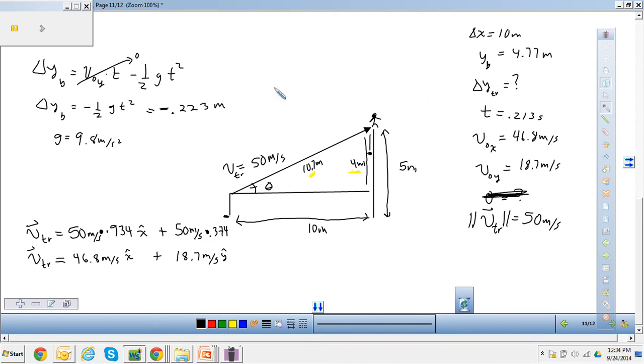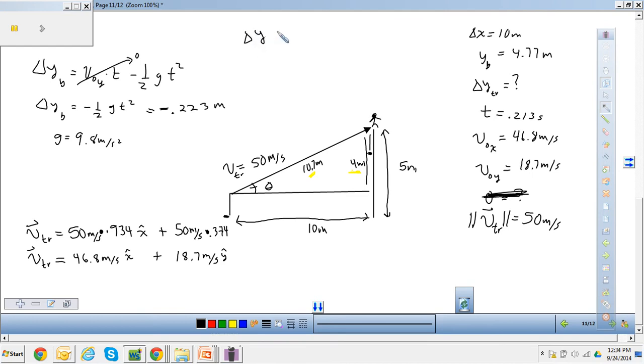Do we use the quadratic or linear displacement equation for this? Which one, folks? Is it accelerating in the y? Yes. Because gravity, right? So quadratic.